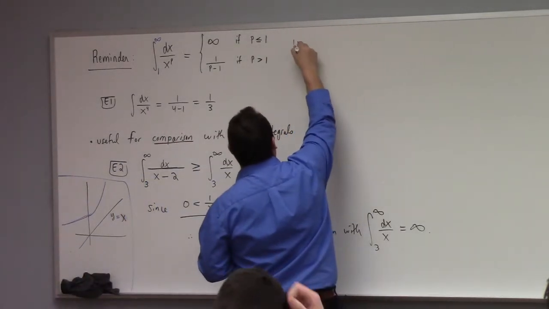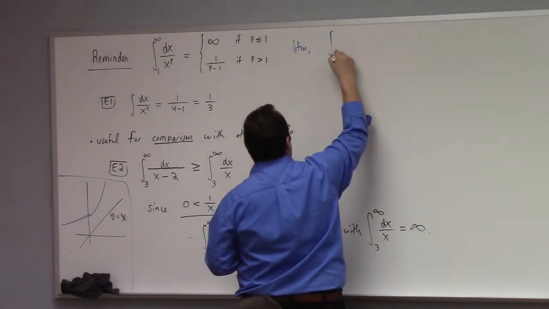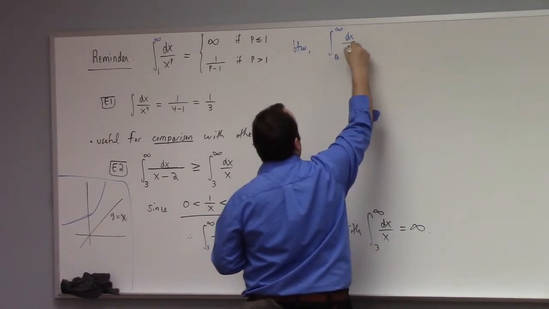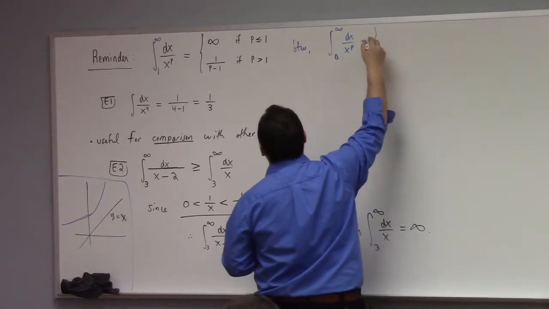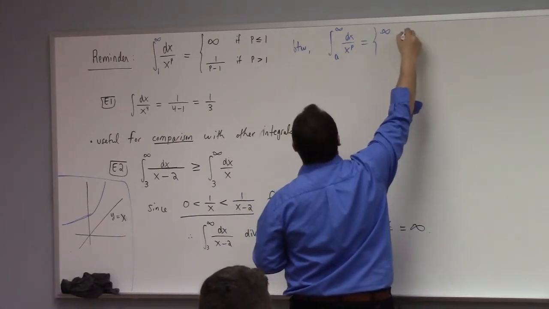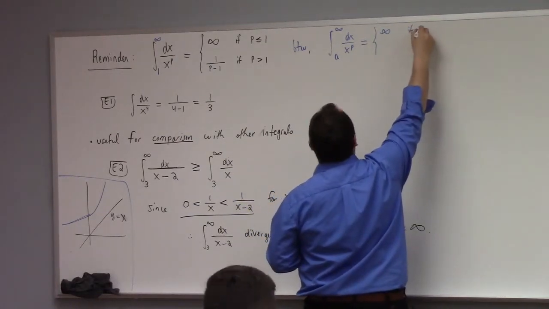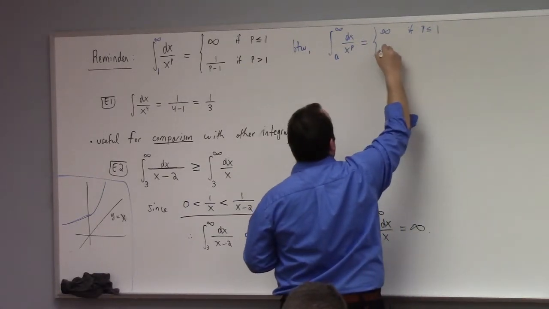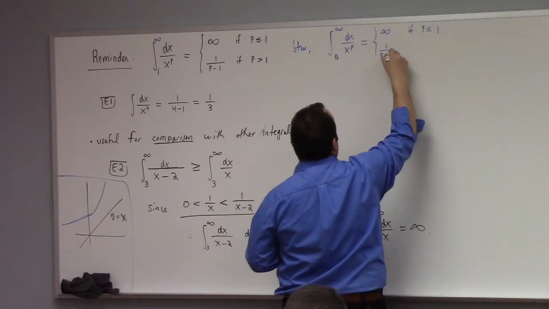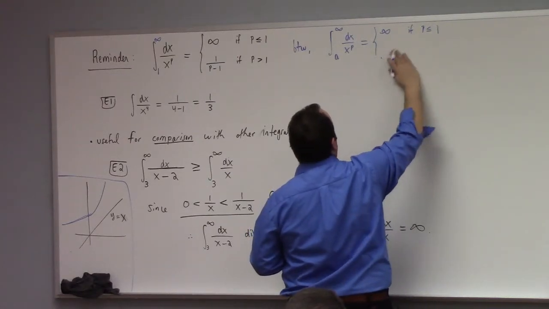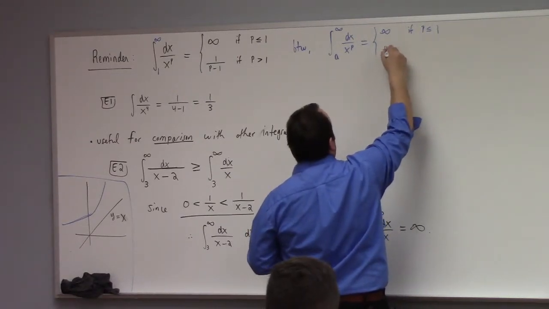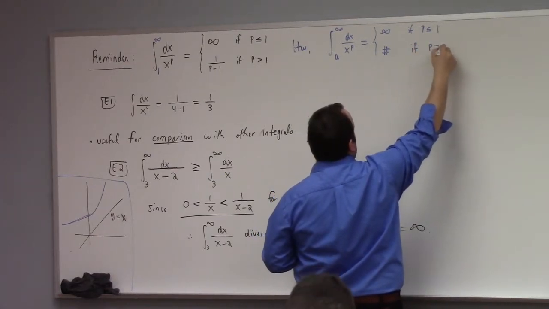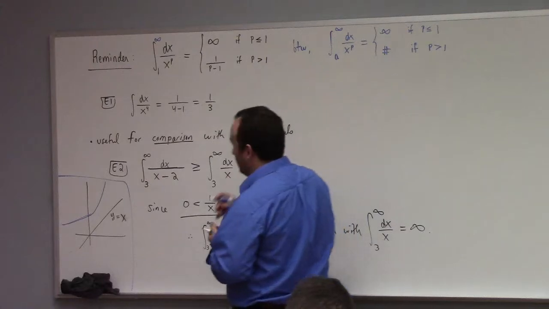By the way, the integral from, say, a to infinity of dx over x to the p is equal to infinity if p is less than or equal to 1, and it's what? Well, I don't know what it is. It's just some number if p is greater than 1. Now what exactly that number is, I'd have to go back to last class and look at it.